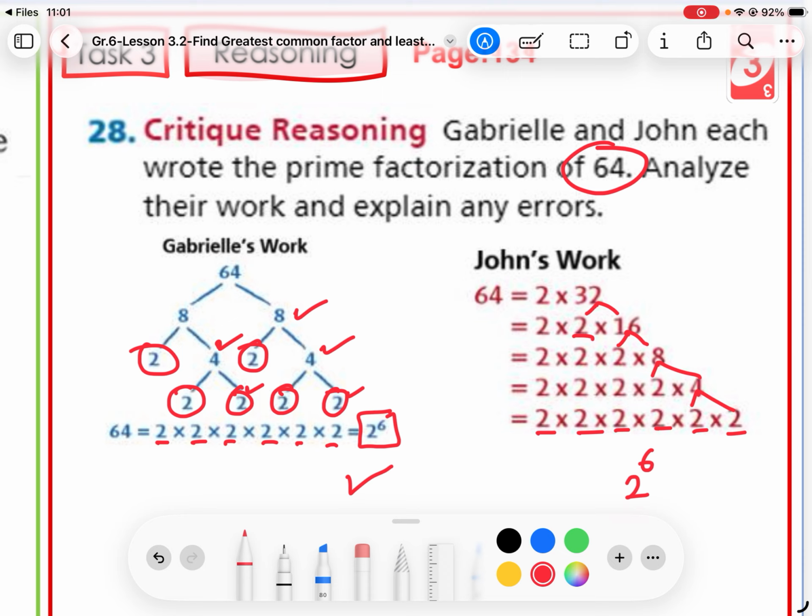Okay, sometimes, guys, you could be getting the same question in the exam, but they could be telling you to double check, like what I did now. This is how you're going to solve it. You're going to double check the prime factorization. Sometimes only one digit is wrong. Like here, he ended up with 2 to the power of 6, and here he ended up with 2 to the power of 5. So when you solve it yourself, you can tell what the mistake was.